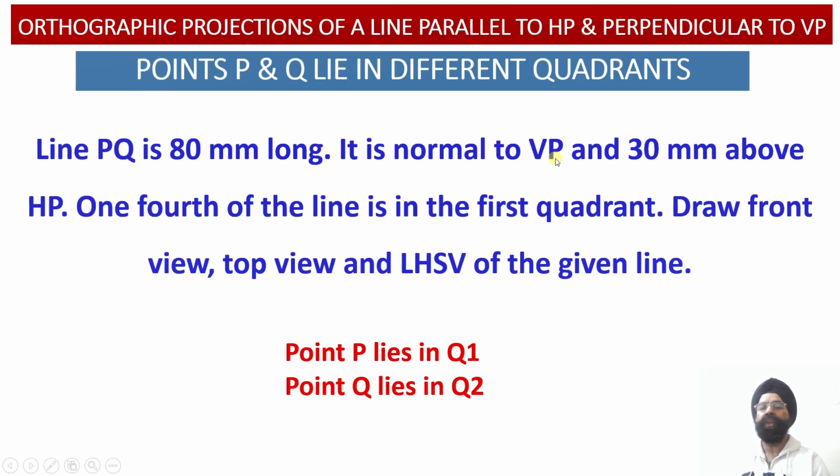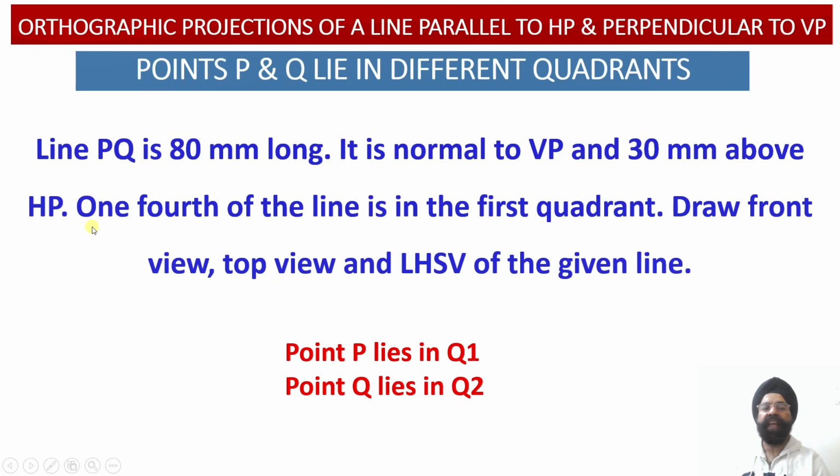So onto the horizontal plane, that is in the top view, we are going to obtain the true length of this particular line, and this line will also be parallel to the profile plane. So into the profile plane as well, we will obtain the true length of this line, that is 80 millimeter, in the side view projections.